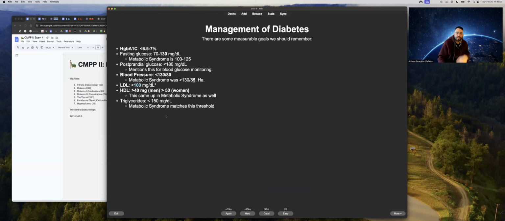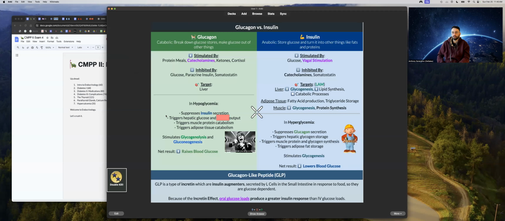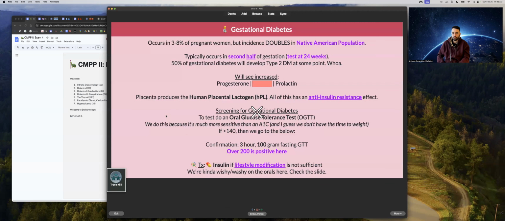Management of diabetes: keep that LDL under 100. Potential obesity measured by waist circumference: 40 in men, 35 for women. Ketone. That's what happens in hypoglycemia.